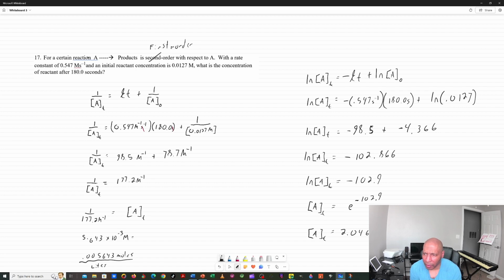So going back the other way, I guess it's only good to 1 significant digit, so the answer would be 2 times 10 to the negative 45 power. So apparently your concentration just decreases like you wouldn't believe after 180 seconds.